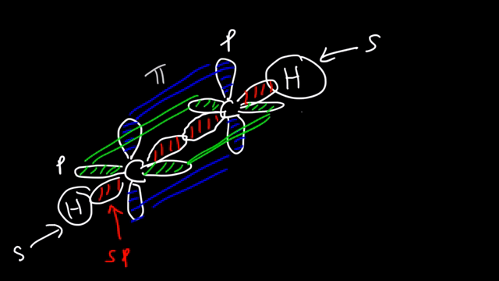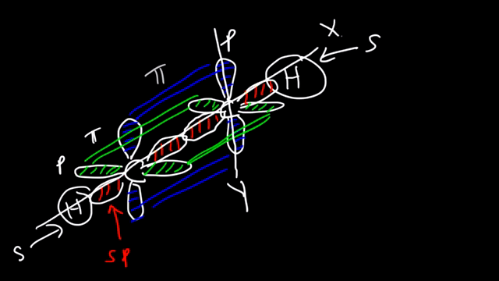So you can see we have two pi bonds, one in blue and one in green. And the one in blue, we could say it's along the y-axis. And let's say this is the x-axis, then this must be in the z-axis. And so you can see everything. And that's acetylene. That's another way to draw it.